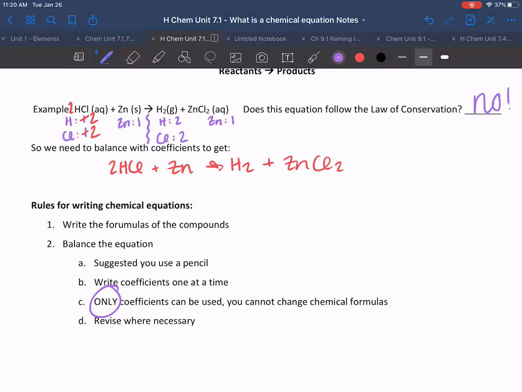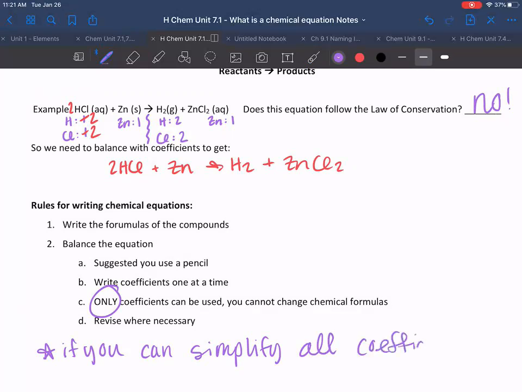So one thing that I want to mention here is that if you can simplify all coefficients, do it. So what I mean is if you have species and they all have, let's say it's 2, 2, and 4, they're all divisible by 2. So simplify them. I'll write that as an example here.